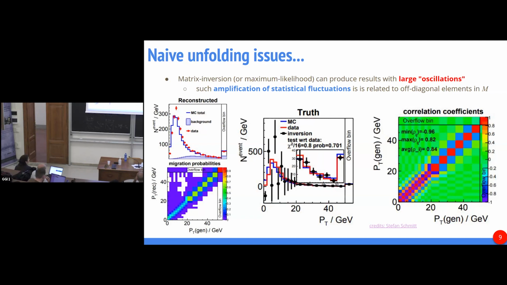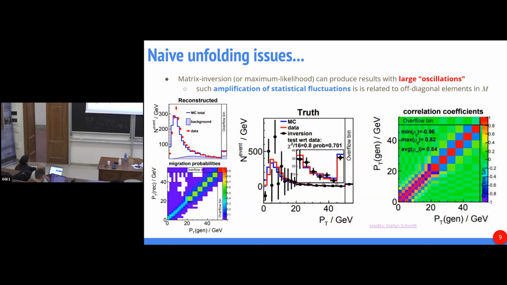And actually here, this color code tells you whether you have a correlation or an anti-correlation between neighbor bins. Here you see that these red ones are just the identity, the same parameter, but then you see that the neighbor bins have negative correlation. And then again, they have a positive correlation. So you have this oscillation of the correlation between the bins. And this is basically the underlying effect that is creating these oscillations here.